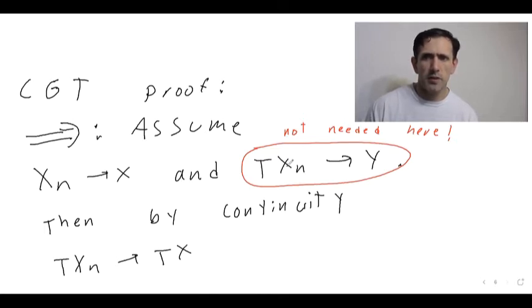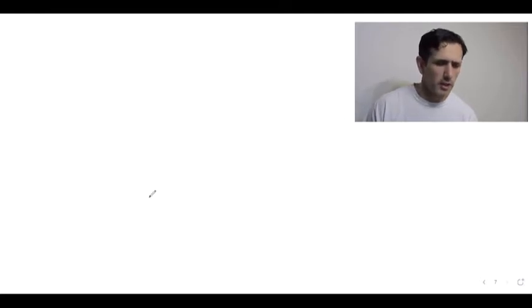Well, limits are unique, so y equals tx. So the graph is closed. So let's prove the much less trivial direction, that the graph is closed implies continuity.